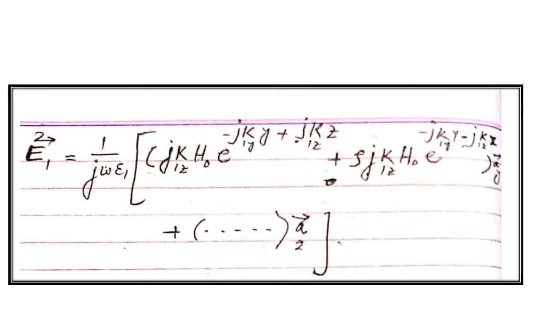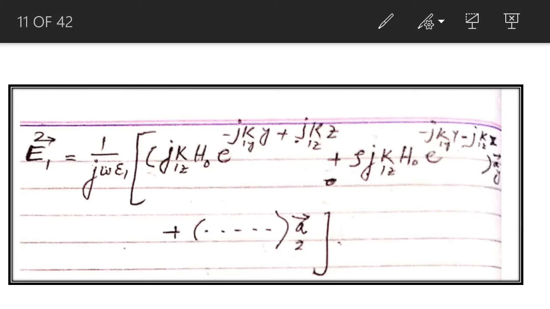If we expand this determinant and rearrange the right hand side of this equation, we get two components of E1. There will be two components of the total electric field intensity in medium number 1. One component will be in the direction of the unit vector AY, and the other component will be in the direction of the unit vector AZ. The component in the direction of the unit vector AZ is the normal component.